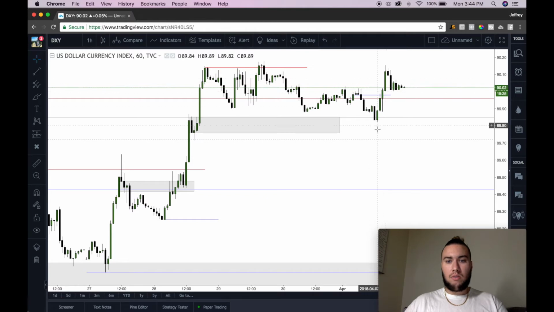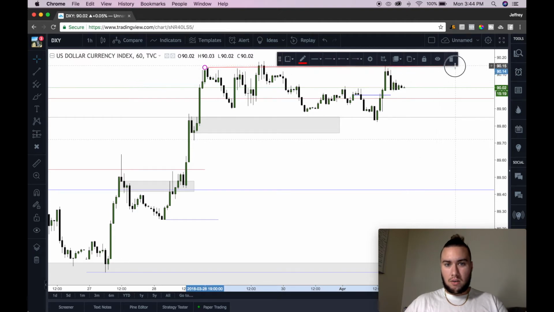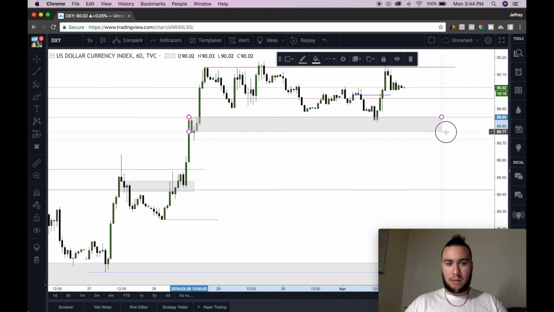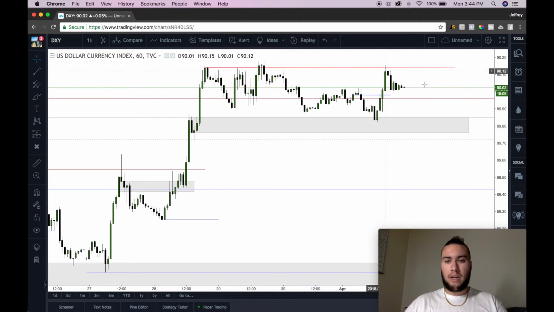So really until we get a breakout of either the upside or whether we come below this gray box here. Until we get a clear direction out of this range, I don't really know which way it wants to go, because it's just consolidating. You can see it's just moving sideways between this low and this high here. Whenever that happens, we know that the market's consolidating.